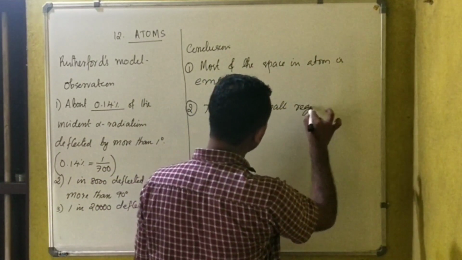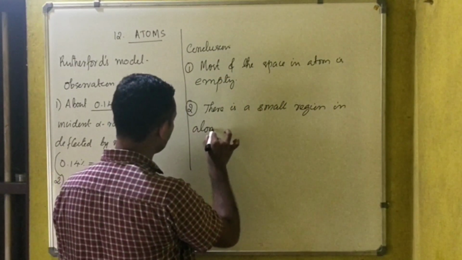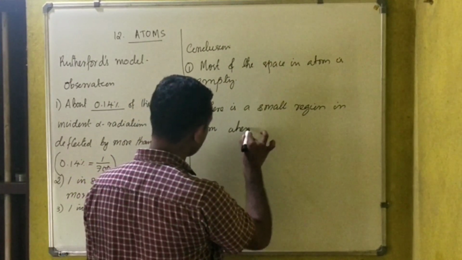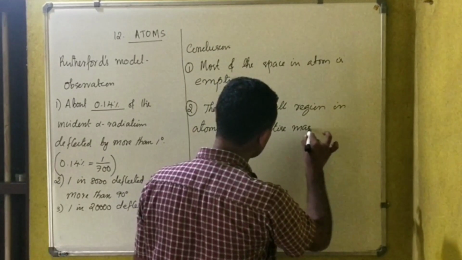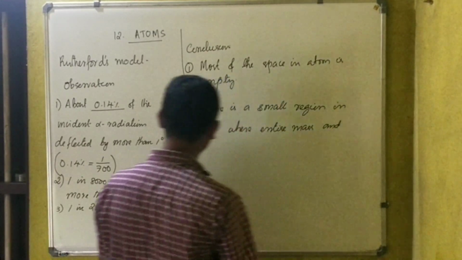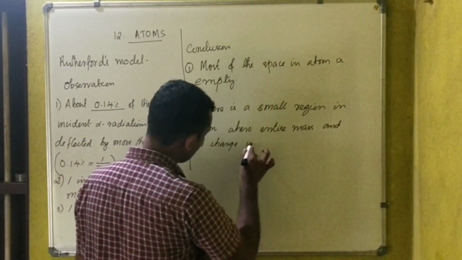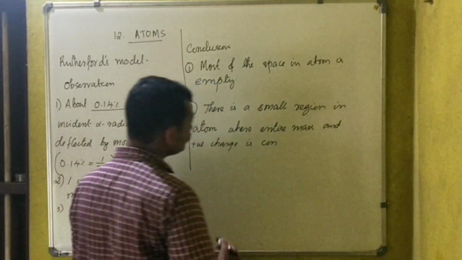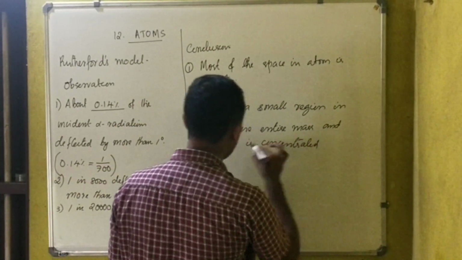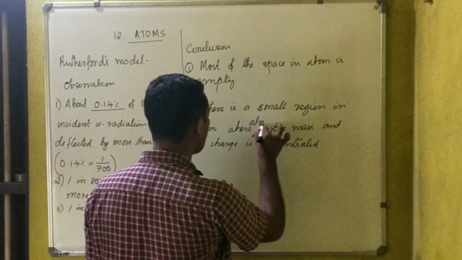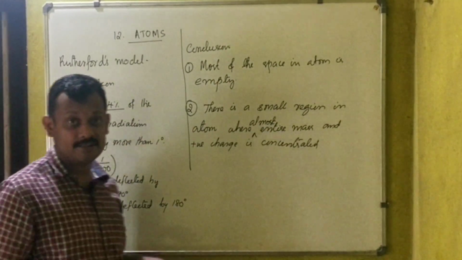There is a small region in an atom where almost the entire mass and positive charge is concentrated.